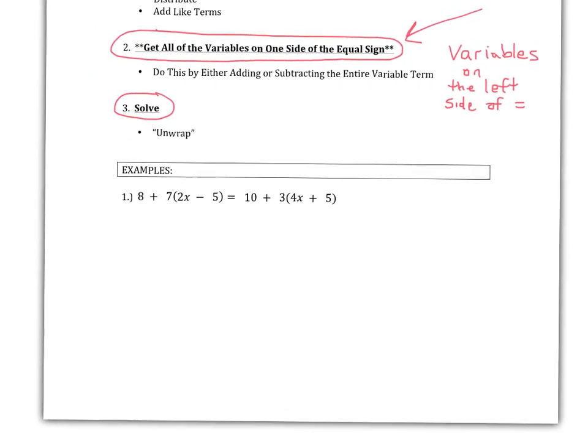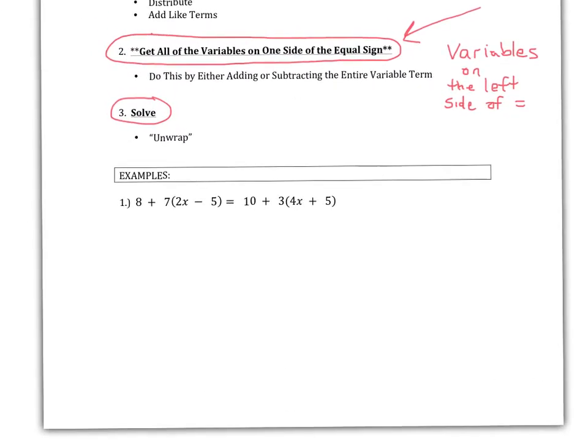Example number 1. Here we go. Draw your dotted line down through the equal sign. Looking at the left-hand side, hopefully you notice that you can make a double sign change right there. And hopefully you also notice that you can distribute to 7.